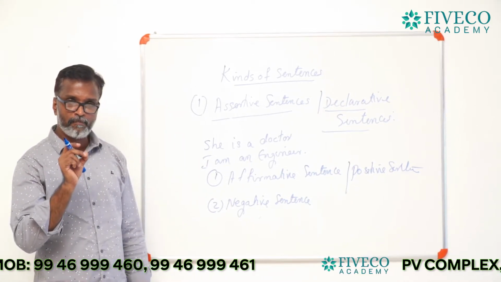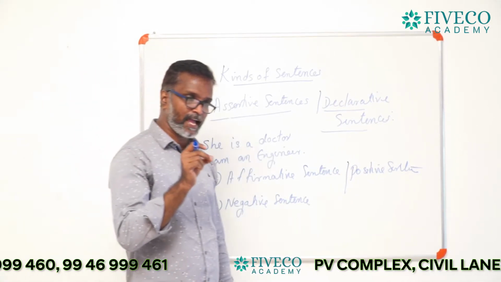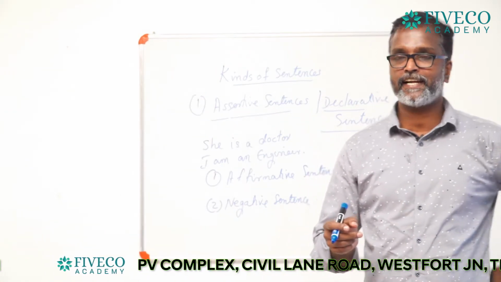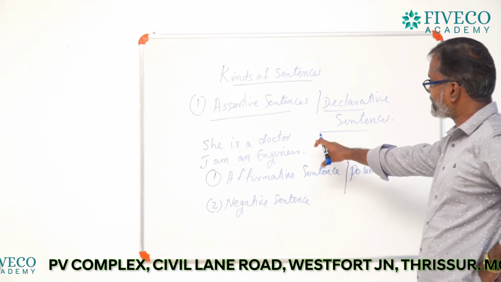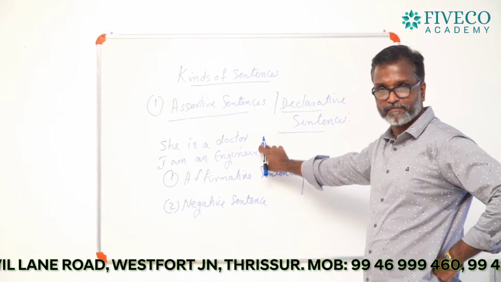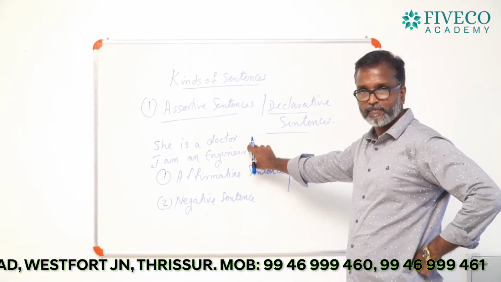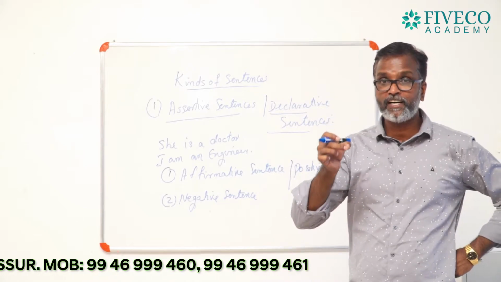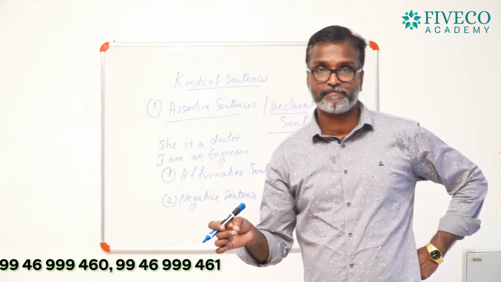What is meant by a positive sentence and a negative sentence? You can easily understand. You just look at the first sentence, she is a doctor. This sentence is positive, because the word not is not used in it.